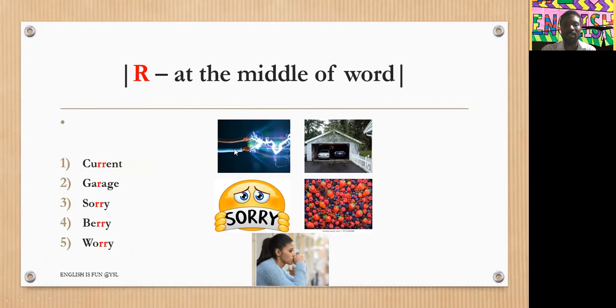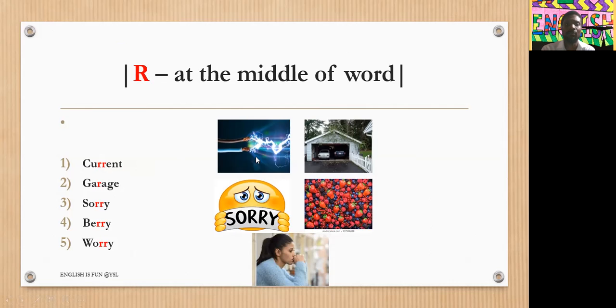Current can be what is happening now, and of course it can be an electrical term, which is represented by the picture that we have here in front of current.